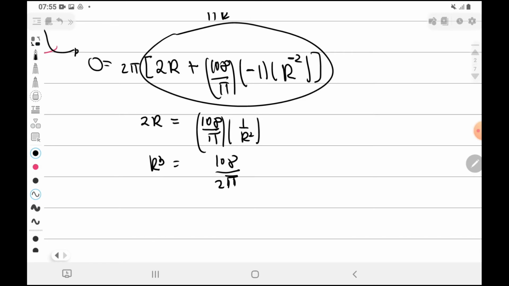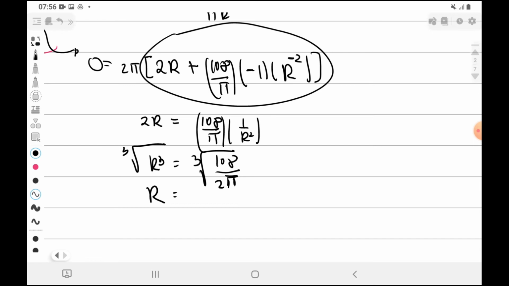So r multiplied by r squared. From that, we get the cube root of this one, and we will have the value of r, which is equal to the cube root of 108 over 2 multiplied by pi.